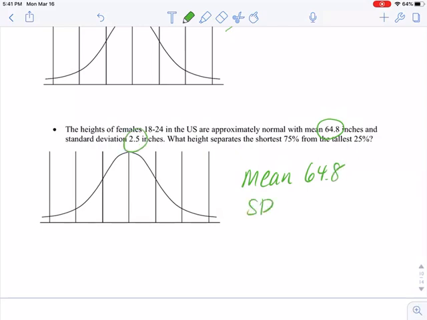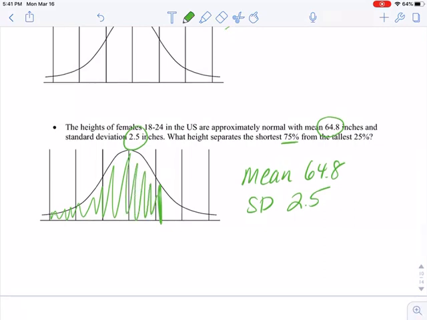The standard deviation is 2.5. And the shortest 75%, it's going to be something like this. So more than half. We're looking for this line that divides the shortest 75% from the tallest 25%.